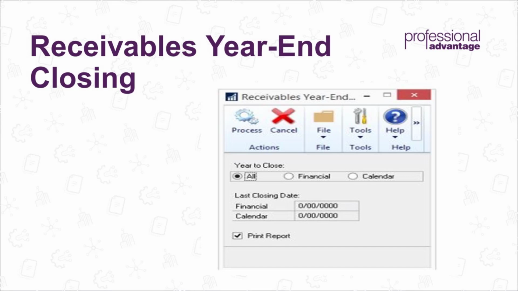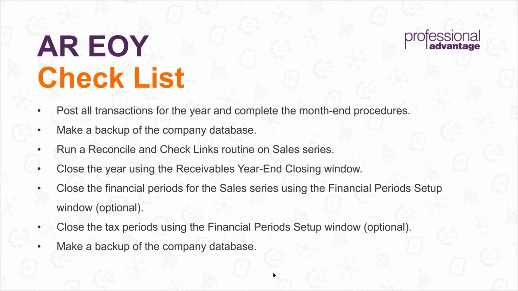Once we tick the right options, we close the financial year. And you can optionally also go to the period setup window and close the last financial period for tax reasons.